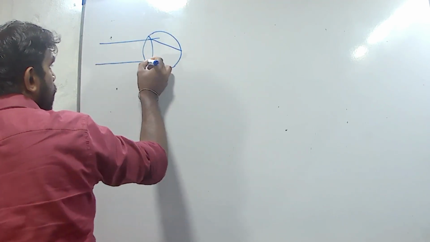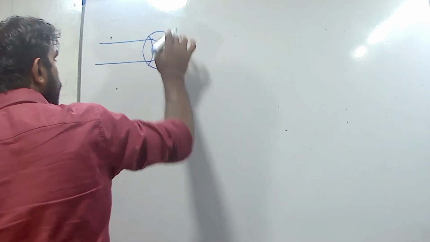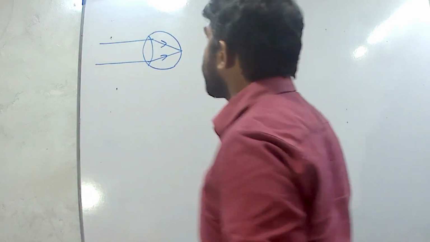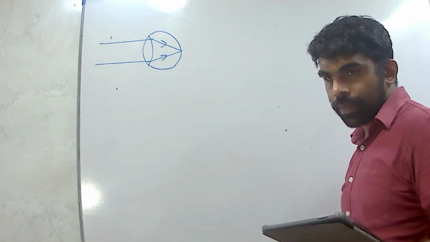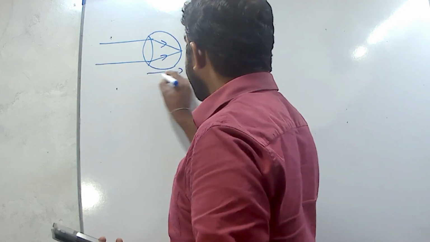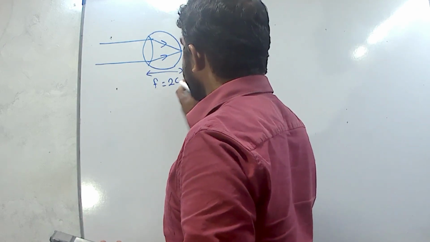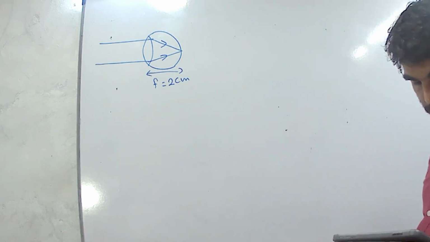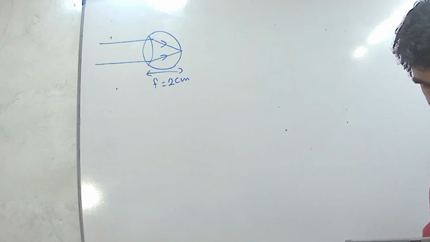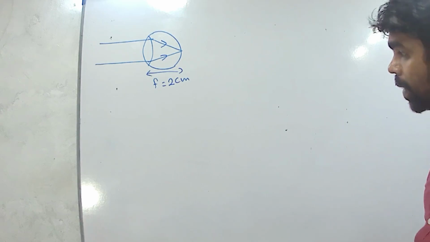Light rays from infinity are focused onto the retina. Then focal length should be 2 centimeters for the maximum focal length. It means minimum power.